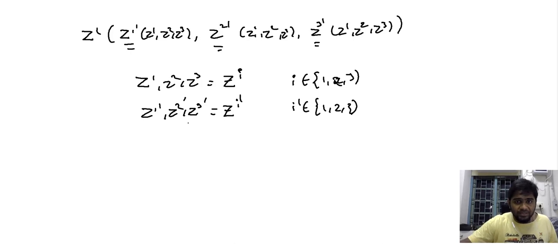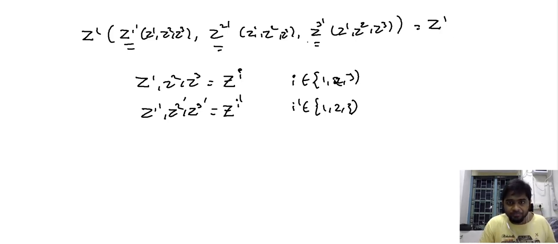So one way of representing this entire expression would be z1 as a function of z1 prime, z2 prime and z3 prime, and each of these prime coordinates is subsequently a function of z1, z2 and z3. This expression recovers z1 as a variable.